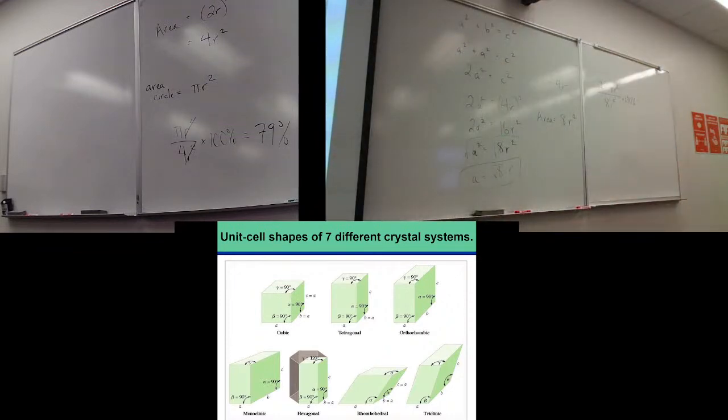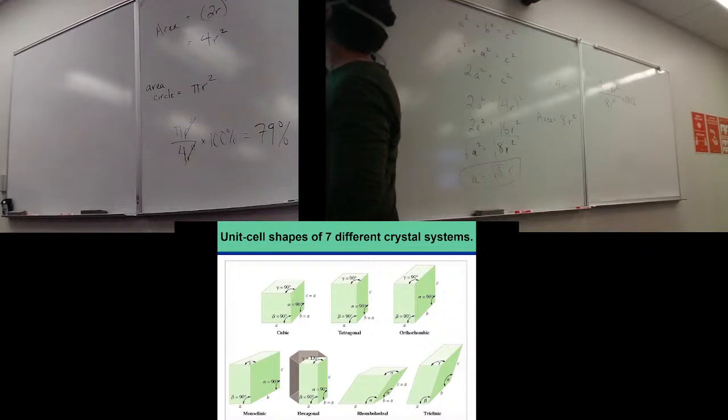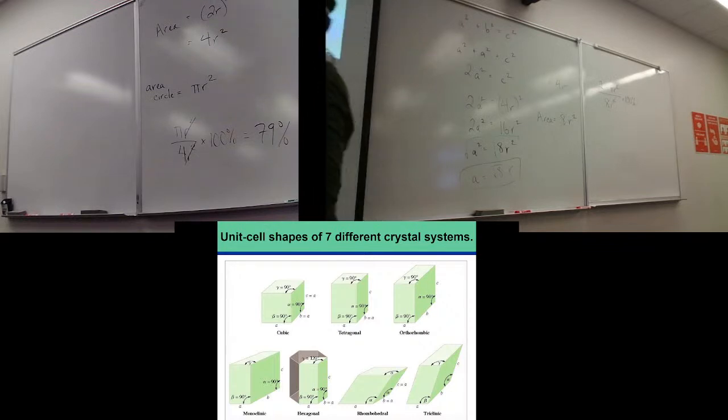So with cubic, it's a perfect cube. A and B and C are all the same, length with height. Everything's got 90-degree angles. It's a perfect cube. And you can start having variations on that. So A and B might be the same, but C is different, and everything still has 90-degree angles. Here, A, B, and C are all different, but they're all 90-degree angles. And then you can start changing that.